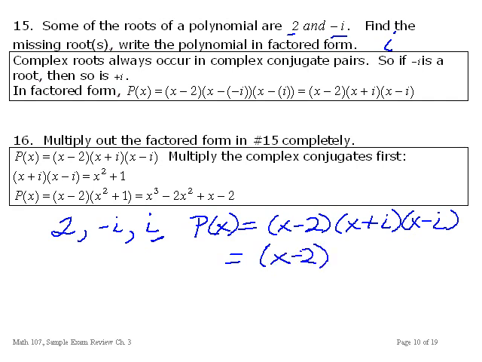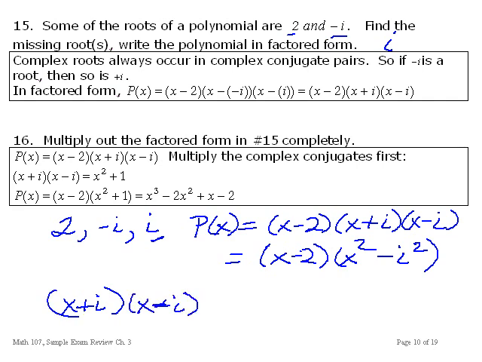And FOIL: x times x gives me an x squared. Then I have x times negative i plus x times positive i. The cross term is gone. And the last term is minus i squared. Let me write that out in case you are unsure. So, foiling, I get an x squared. Then I have x times negative i, which is minus xi. Then I have i times x, which is the same as plus xi, doesn't matter the order.